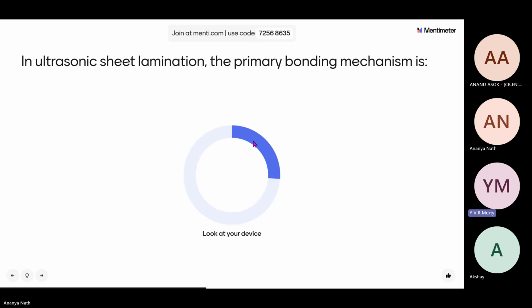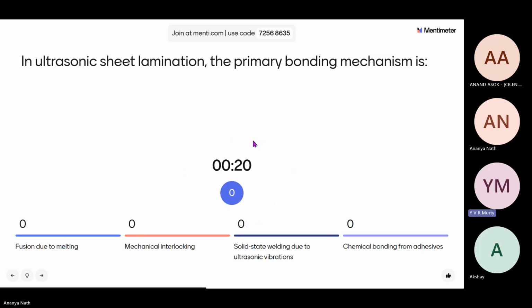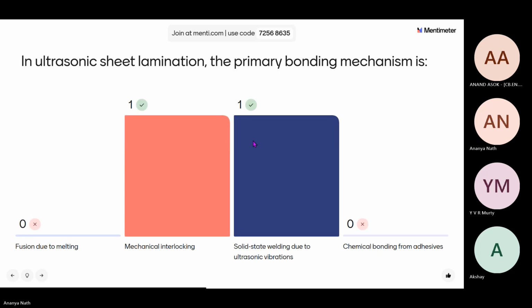In ultrasonic sheet lamination, the primary bonding mechanism is... In ultrasonic, the primary bonding is mechanical interlocking and solid state welding due to ultrasonic vibration.